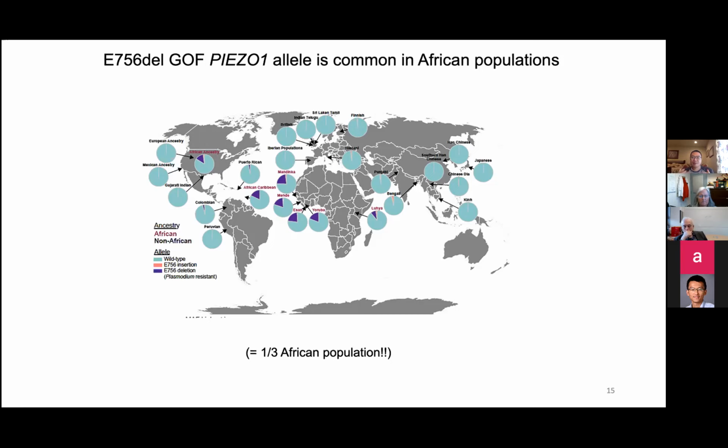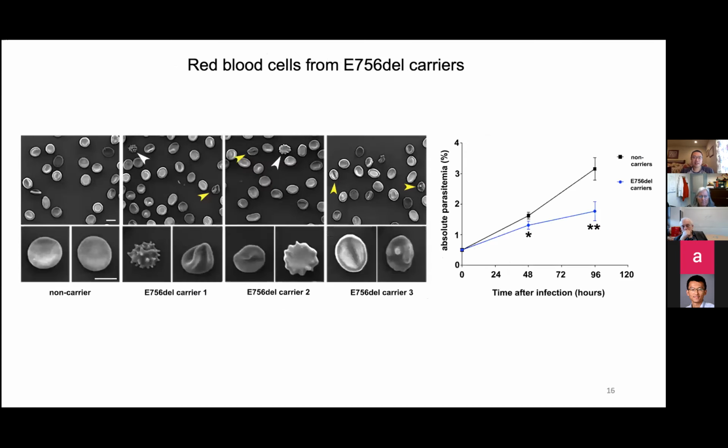So the gain of function PIEZO1 mutation not only exists in the African population, but it exists at a very high level. And we propose that this is because it confers significant and important resistance to malaria. To test this hypothesis experimentally, I obtained red blood cell samples from African American individuals who carry this gain of function allele in their genomes.